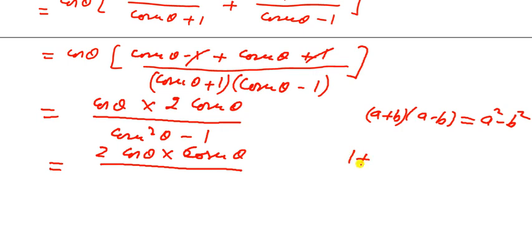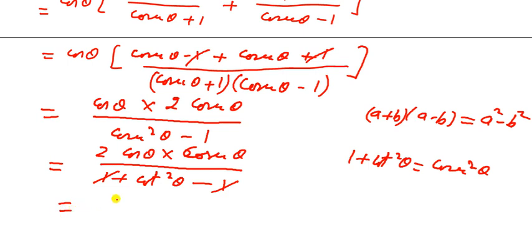Now 2 cos theta into cosec theta. As you know, cosec square theta, it is 1 plus cot square theta. 1 plus cot square theta is equal to cosec square theta.